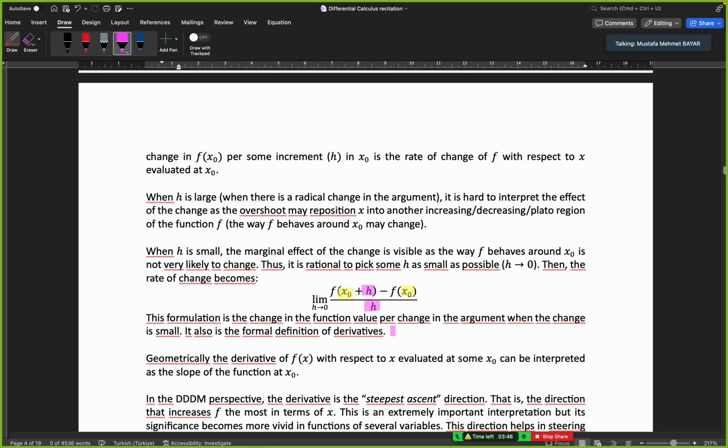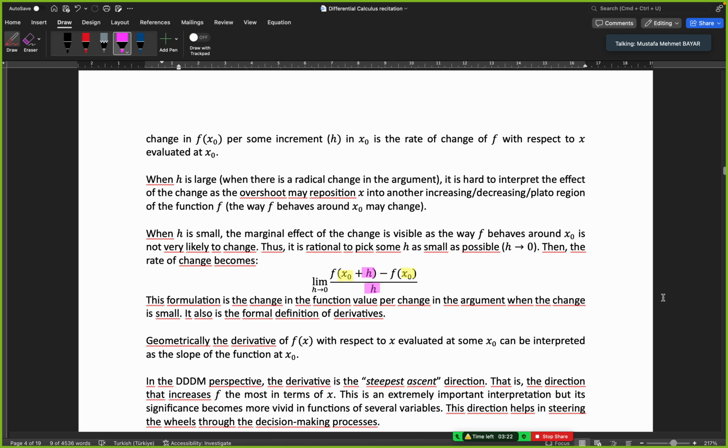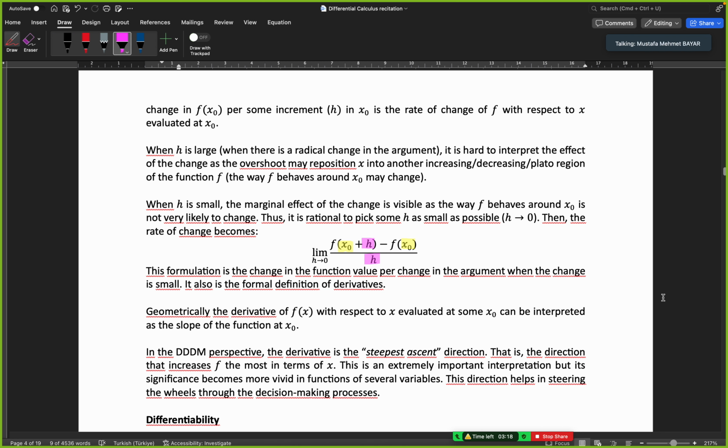That's why, instead of taking big steps, we just employ small changes at a time. That's why h goes to 0 in this definition. And by the way, as you also know, this is just the formal definition of single variable derivatives, the first order derivative. And the derivative at some point is the slope of the function at that point.